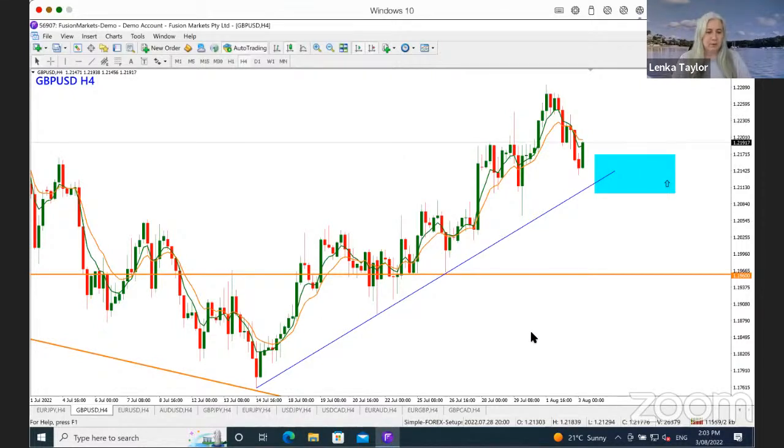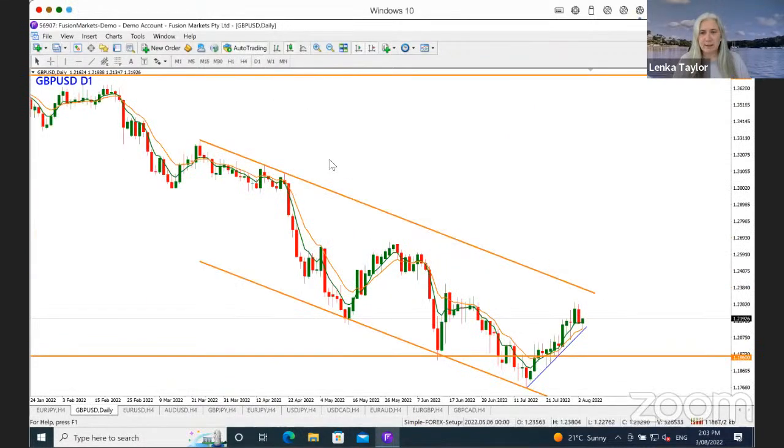All right, so the first currency pair I'm going to be looking at is GBP/USD. And on GBP/USD this week, I will be looking at long opportunities. On the daily, we are in a downtrend, but I do have that last leg going in the upward direction, and we're above the previous support.